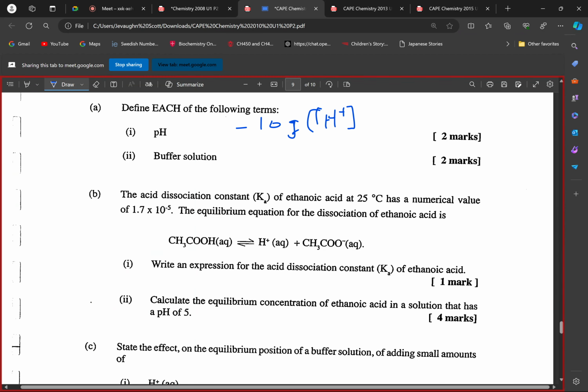Okay, lovely. That can be accepted. So it's a solution that resists drastic changes in pH when a small amount of acid or base is added.